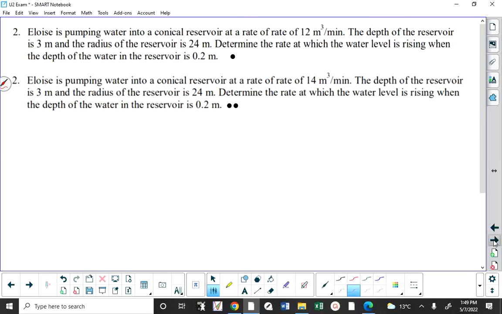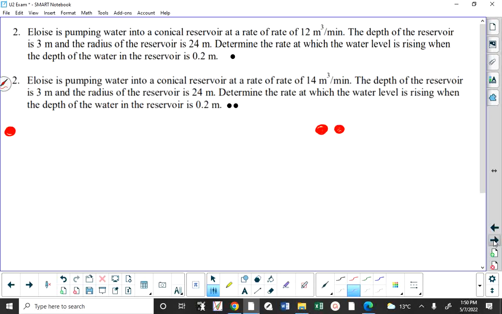Written response question 3 talks about a conical reservoir that is being filled with water at a particular rate. So again, I'm going to choose to put information for version 1 on the left, and information for version 2 of this question on the right.